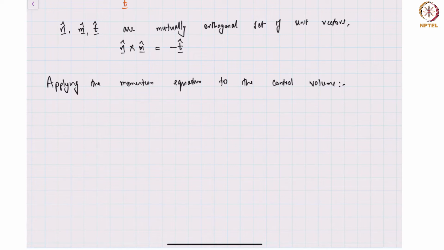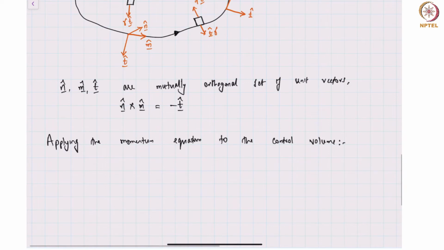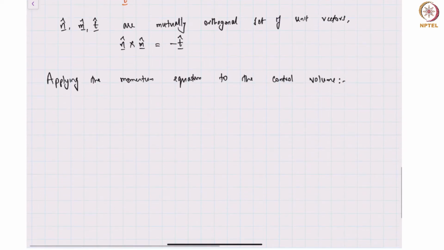This is something that we have done earlier, but now we have one additional force, which is the surface tension force gamma T. Let's quickly write down all the terms. This is basically the time derivative term. I have the body force here.